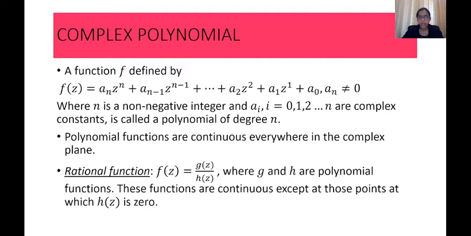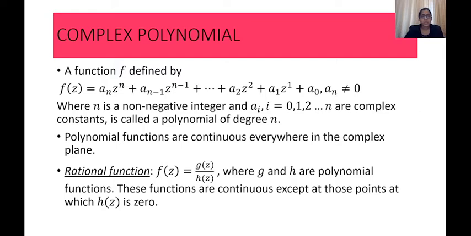So if we have to discuss the continuity of a rational function, we will be eliminating all the points at which h of z is 0, because at those points the function will not be continuous. So rational functions are continuous except at those points at which h of z is 0.